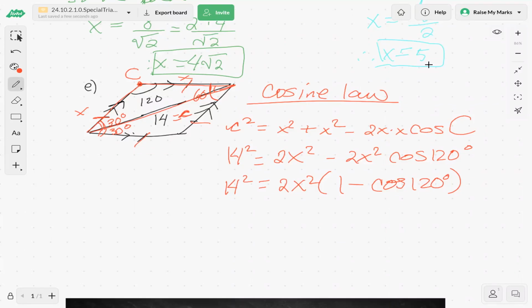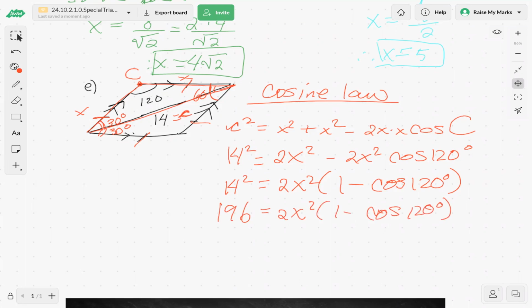We may or may not be able to figure this out exactly. Let's see. Okay, 196. All right, so what's the cosine of 120 degrees?